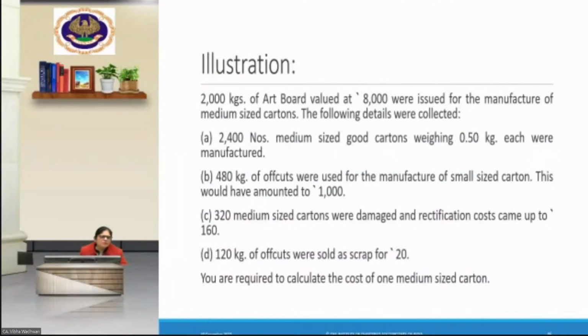Scrap is not exactly a byproduct because a byproduct has its own costing. A byproduct has a significant value, but scrap does not always have a significant value. So scrap is not a byproduct. Scrap is more of a residue which has little or no market value as such.